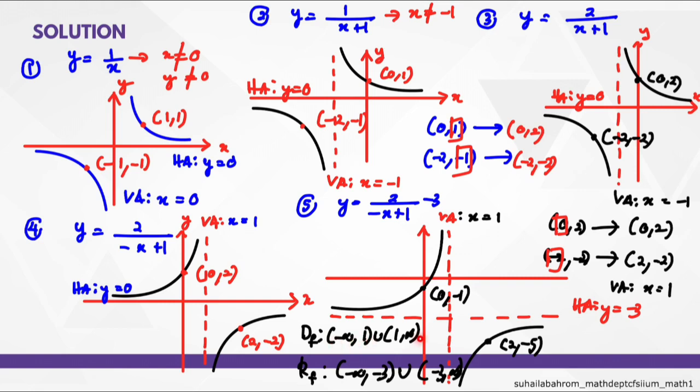But for the range, you cannot determine it just by looking at the function. We need to have the graph, then you can determine the correct range. So you have to make sure your graph is correct, then you will get the correct range and also domain.